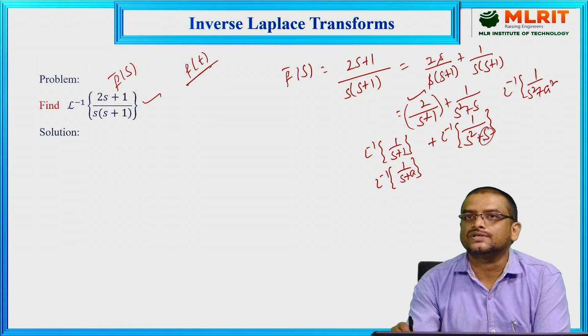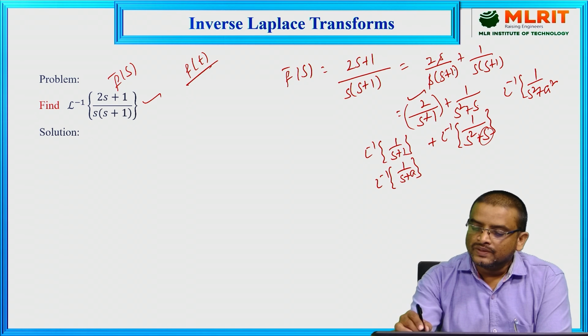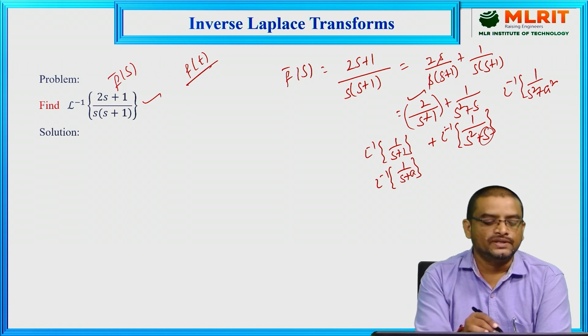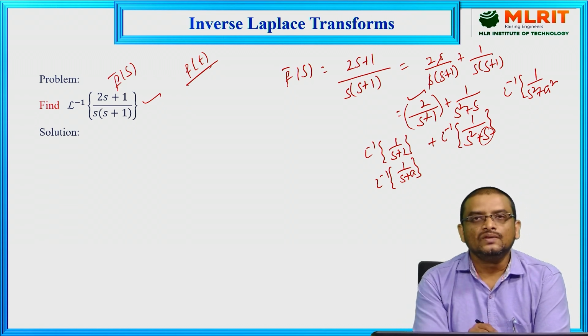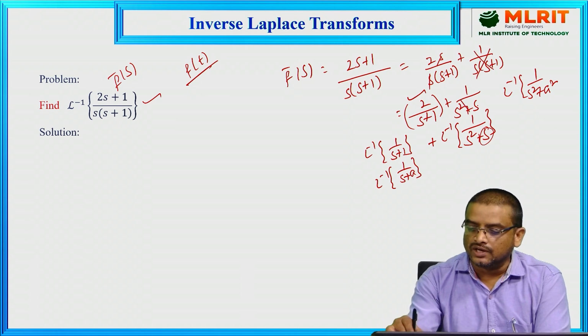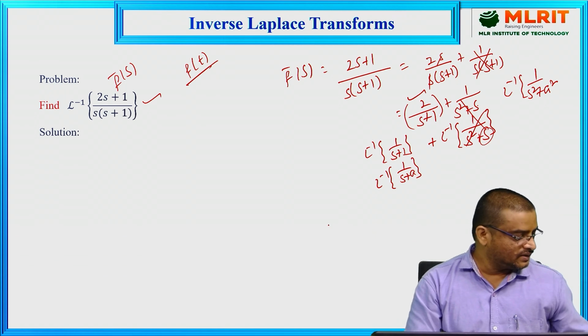This is s. So when we apply this procedure, for the second term we don't have the standard formula to find out the L inverse. Now, how can you split this function in terms of our standard formulas? This procedure for the second term is not applicable here. Then how can you overcome this difficulty?